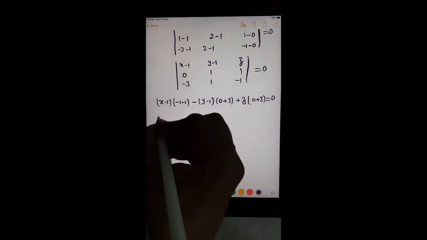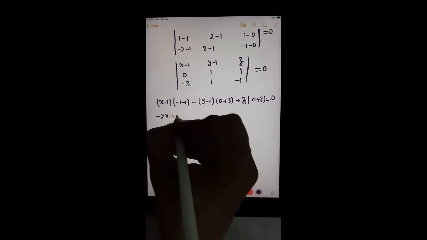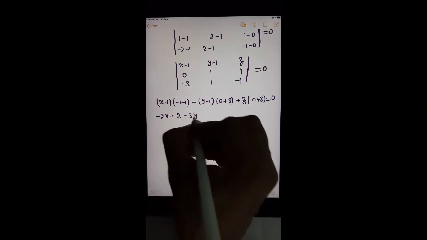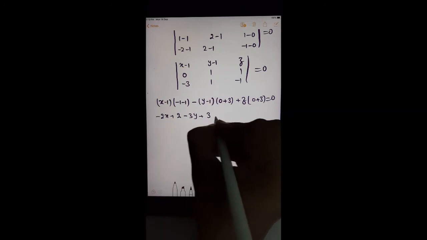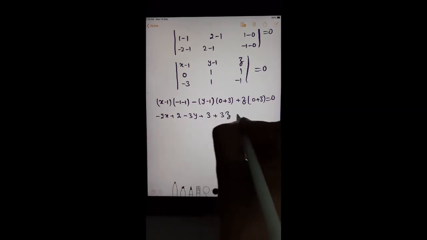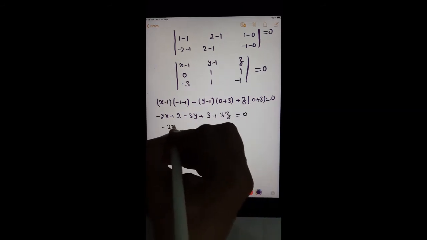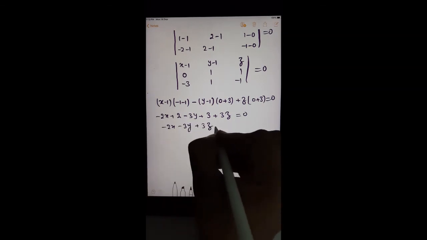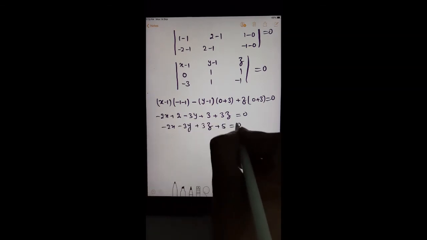Simplify, it is -2, so we get -2x plus 2 and -3y plus 3 and plus 3z is equal to 0. So -2x minus 3y plus 3z plus 5 is equal to 0.